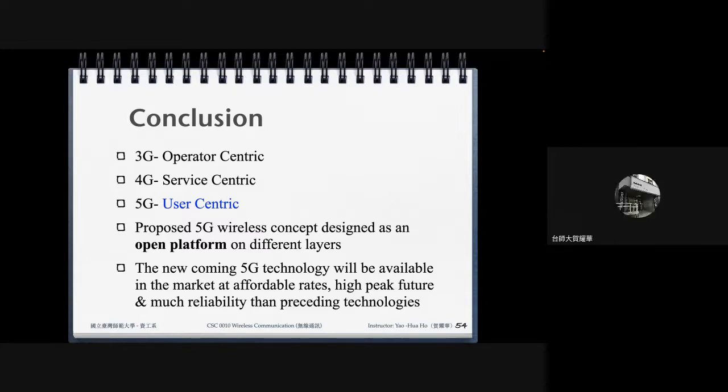The third generation design still focuses on the operator, like 中华电信. If you look at 3G design, they are based on cell tower, based on how much I can charge you.